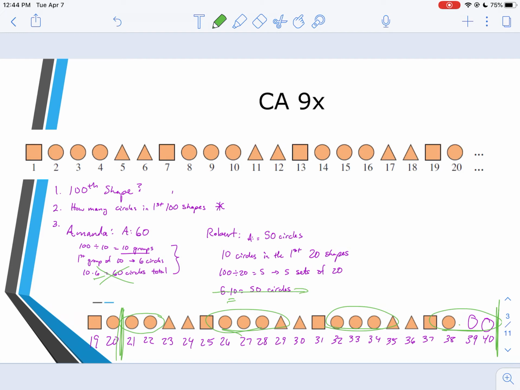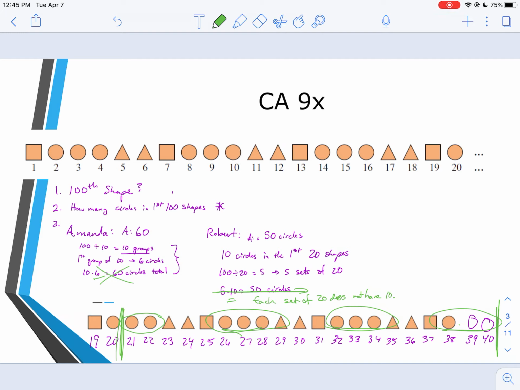So Robert's logic doesn't work here because each set of 20 does not have 10. Okay. So it looks like we got issues with Robert's thinking as well.